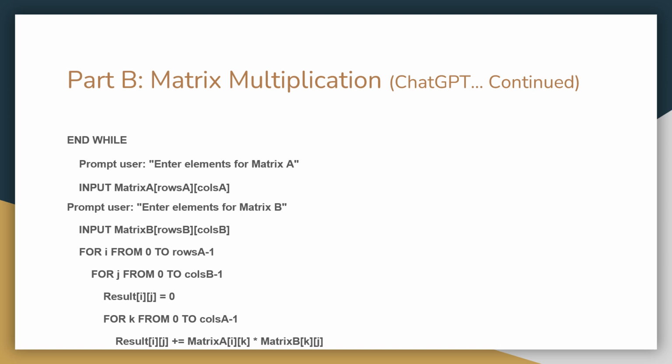The outer loop is the rows of A, the middle loop is the columns of B, and the last one is the inner loop for multiplication and summation. And the result I, J is now you're combining your matrix A and matrix B, so you're multiplying them together.